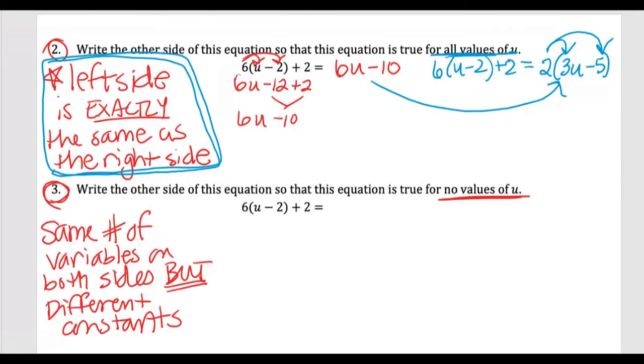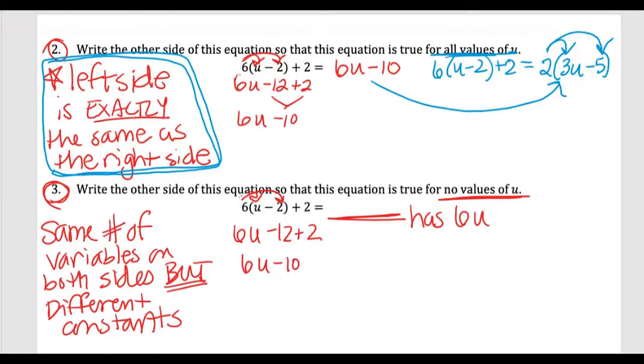So for example, if we think about how we handled number 2, I need to make sure that this side has 6 u's, right? So if I were to simplify, I got 6u minus 12 plus 2, right? When we simplify, I get 6u minus 10.